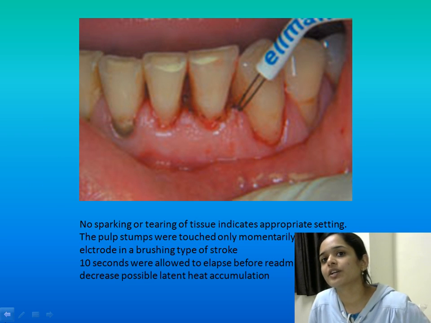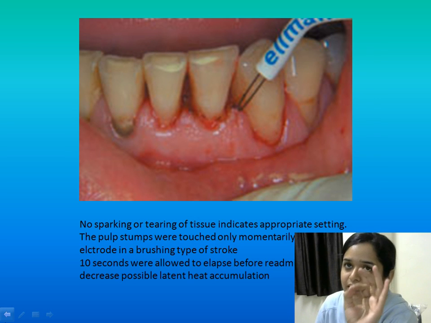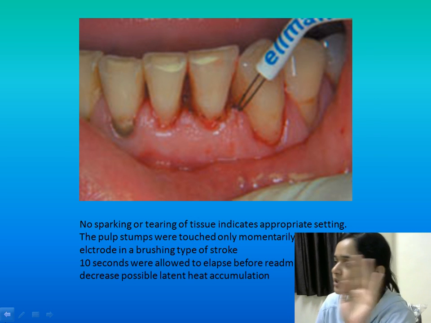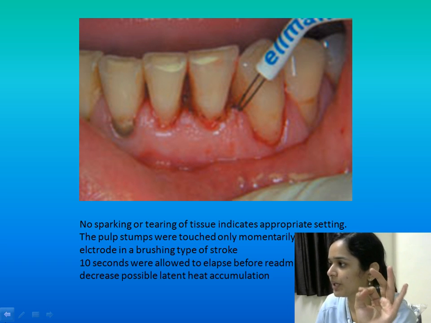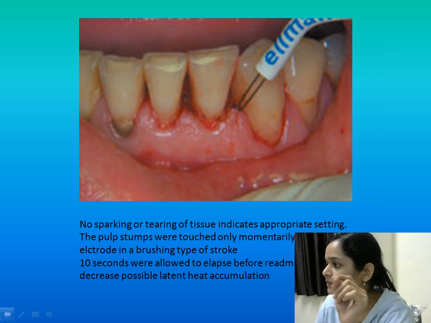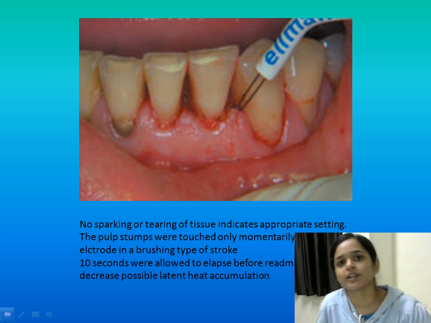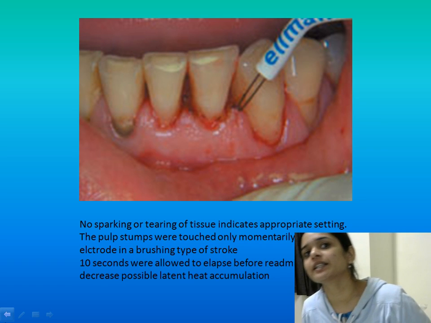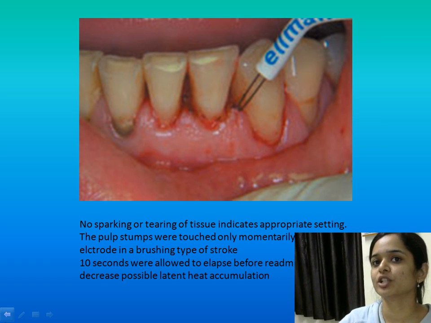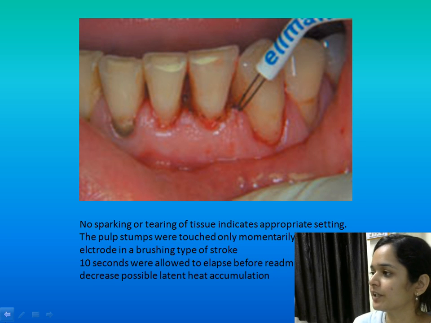No sparking or tearing of tissue indicates the appropriate setting. Now this I have taken only for diagrammatic purpose. This is not a picture of pulpotomy. I just wanted to show how the electrosurgery rod, or the electrode, looks. The pulp stumps were touched only momentarily by the electrode in a brushing type of stroke. 10 seconds were allowed to elapse before re-administration to decrease the possibility of latent heat accumulation.